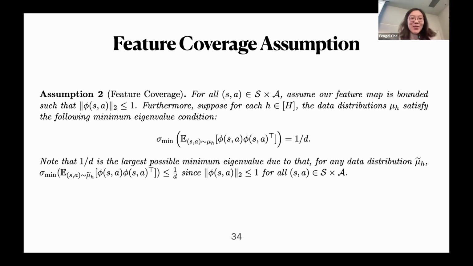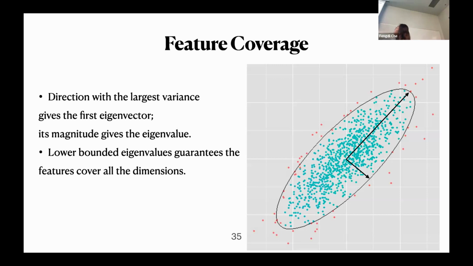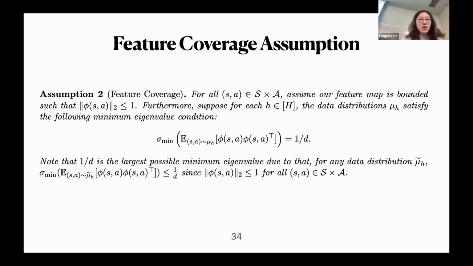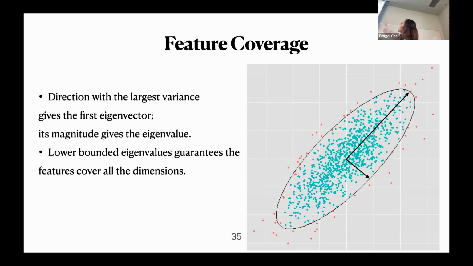And I know everyone is super confused here, we are reading so many math notations, but what's the meaning of them? So first, let's try to understand, given this matrix, what does the eigenvalue of this matrix mean? So we plot our data set. Here, let's assume the feature is of dimension 2, and we plot out their features.